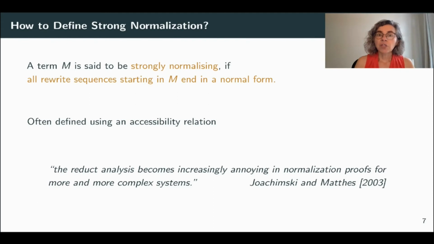So how do we define strong normalization? Traditionally, we define it by saying M is strongly normalizing if all rewrite sequences starting in M end in a normal form. And this is often characterized using what is called an accessibility relation. But in fact, the proofs become increasingly annoying when we need to reason about all these different rewrite sequences and analyze different reducts.